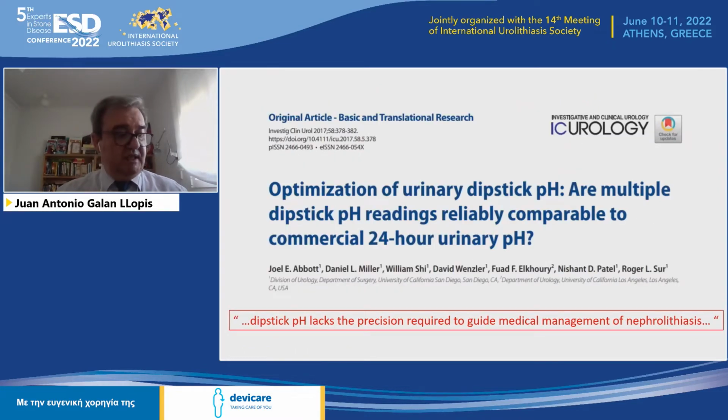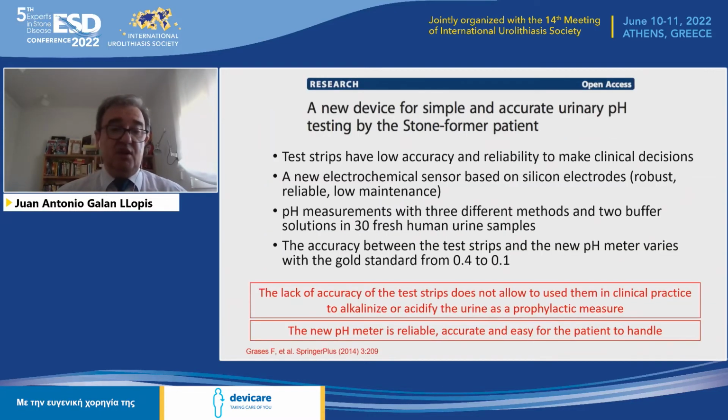We know that dipstick pH lacks the precision and accuracy required to guide medical management of stones, and does not allow us to use them in clinical practice to alkalinize or acidify the urine as a prophylactic measure.